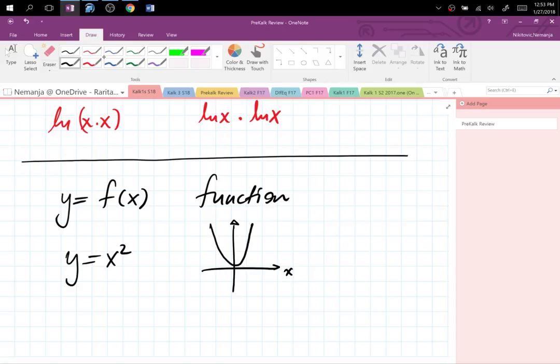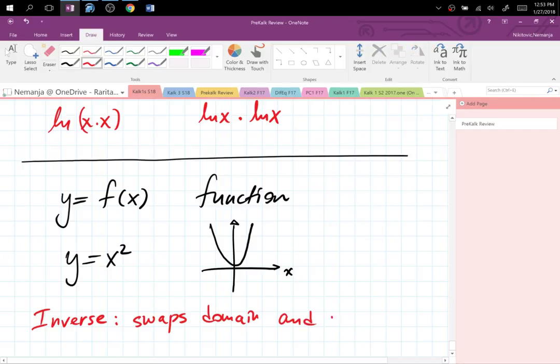But then we talk about the notion of the inverse, and what inverse does is swap domain and range. The reason it swaps domain and range is you want to create a function that will undo what you did with the function.